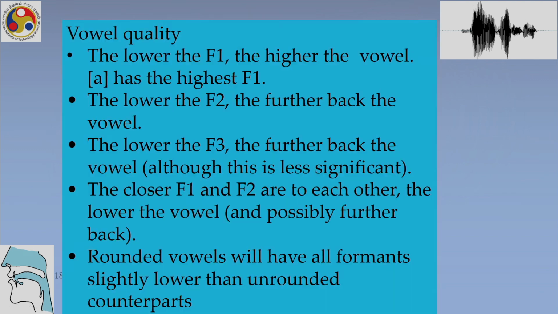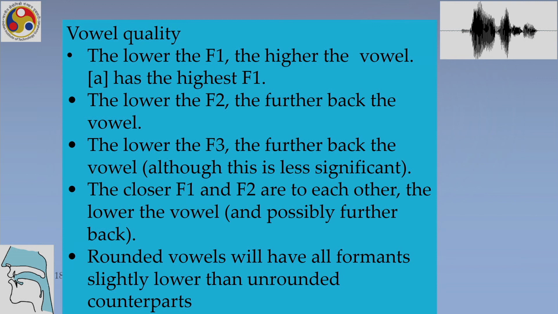And finally, this is what we studied: the lower the F1, the higher the vowel, and the higher the F1, the lower the vowel. The lower the F2, the further back the vowel. So, if the vowel is very high, the F1 will be low.